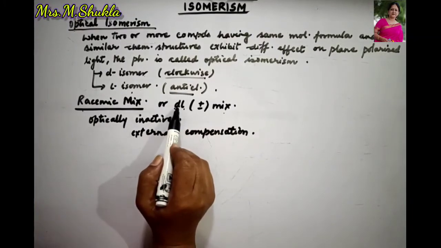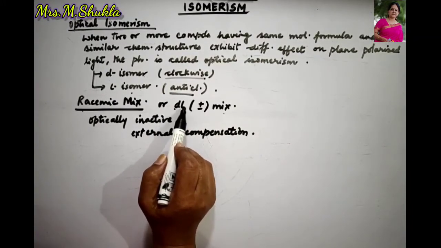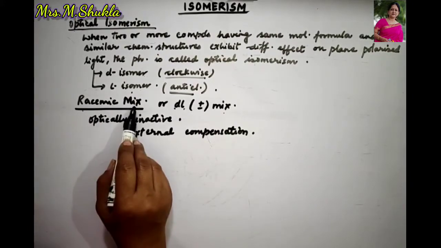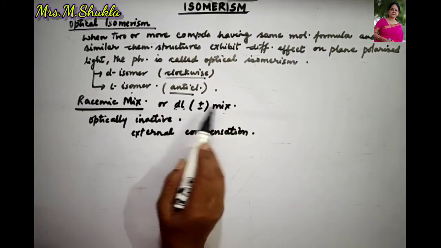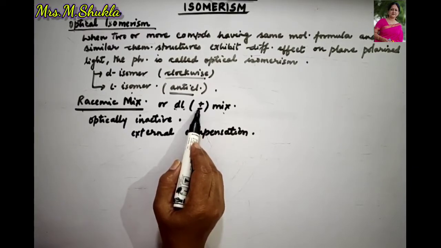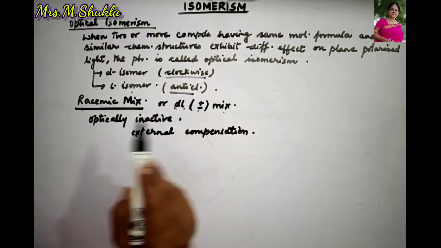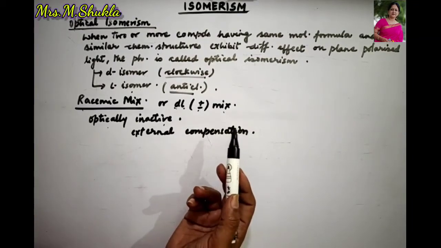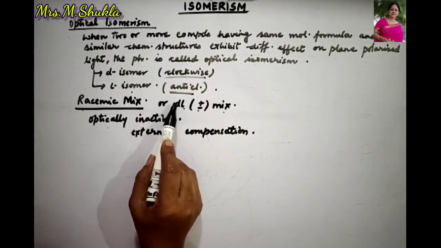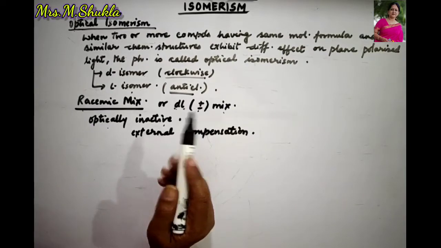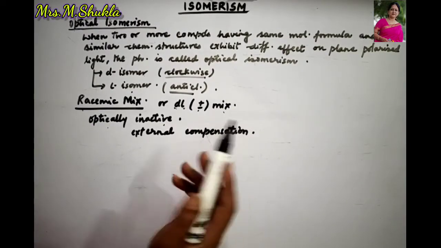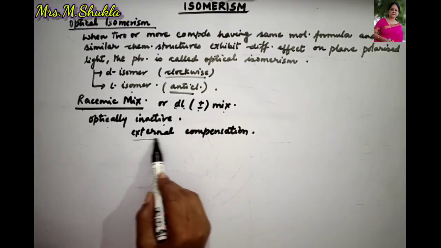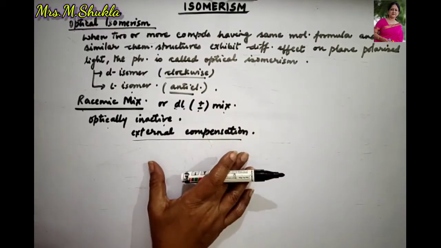A mixture containing equal amounts of D and L isomers of a substance is termed a racemic mixture, also written as DL mixture or denoted with a plus minus sign, right? They are optically inactive. Why? Because the rotation caused by one enantiomer is completely compensated by the one caused by the other enantiomer, and this is also termed external compensation.